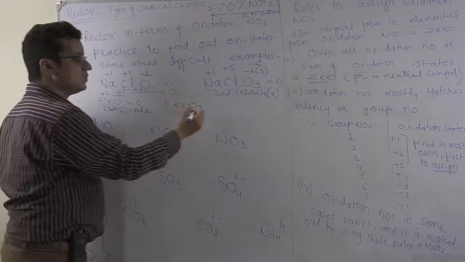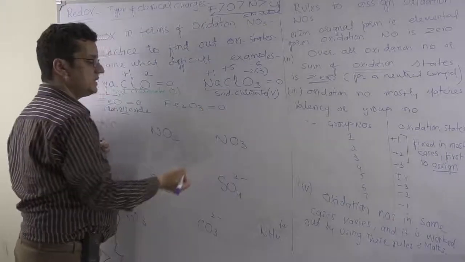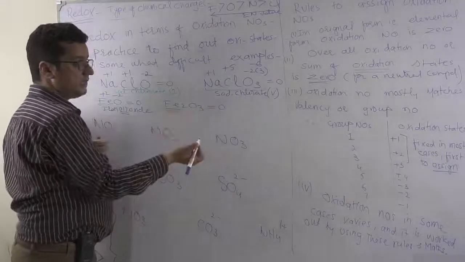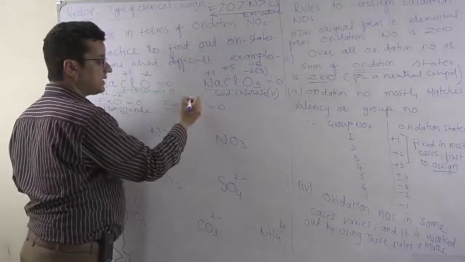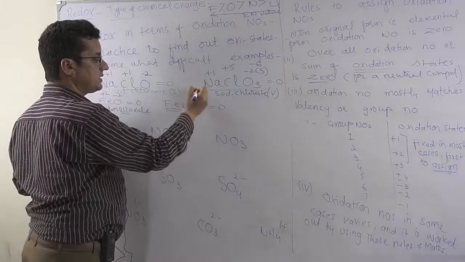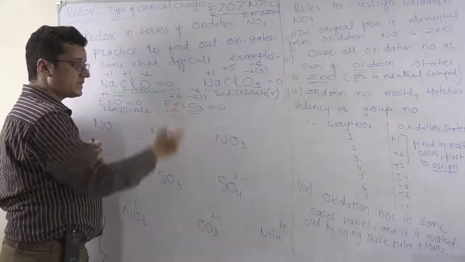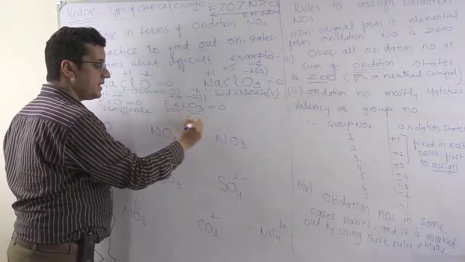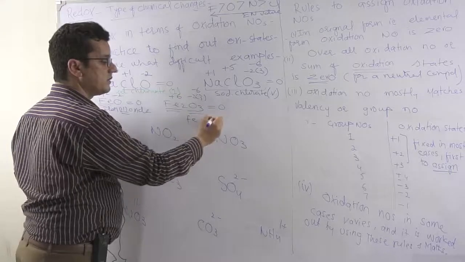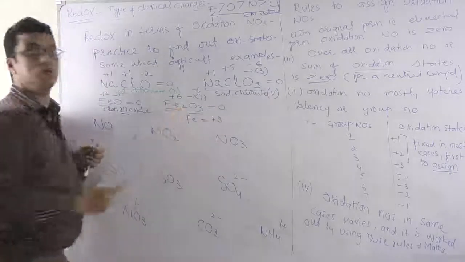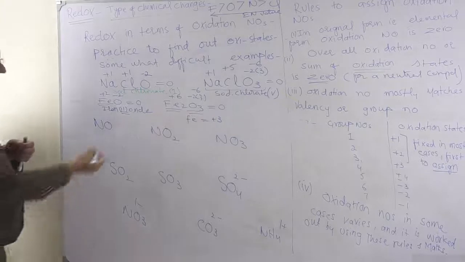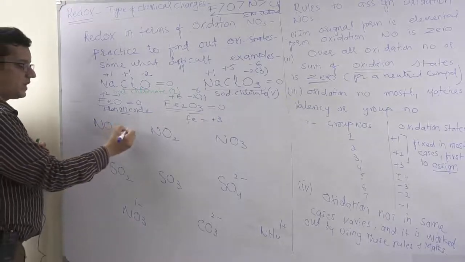And if it is Fe2O3, overall oxidation number is 0. Iron, transition element, we don't know, but we know this, oxygen -2 into 3 is -6, so it means it is +6. But when it is +6, the oxidation number of iron is not +6, it should be +3 because there are two iron atoms.